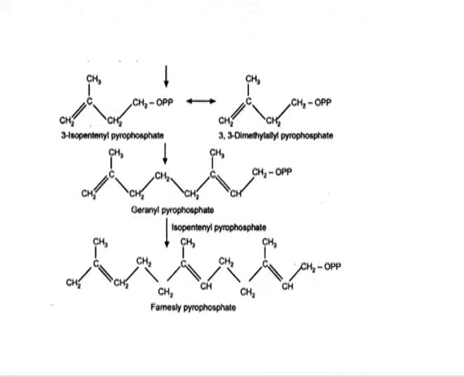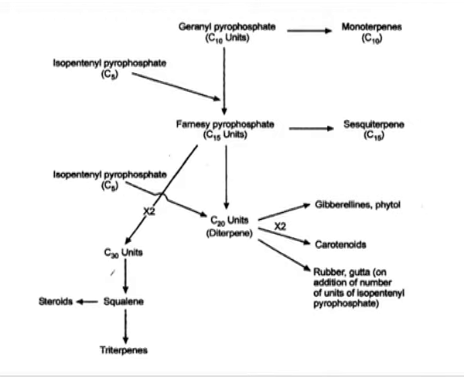biosynthesis of hemiterpenes. When 2, 3, 4 and 6 molecules of isopentenyl pyrophosphate are combined together, it leads to the biosynthesis of geranyl pyrophosphate, farnesyl pyrophosphate, geranylgeranyl pyrophosphate and squalene, which act as direct precursors for the synthesis of monoterpenes, sesquiterpenes, diterpenes and triterpene type of volatile oils.